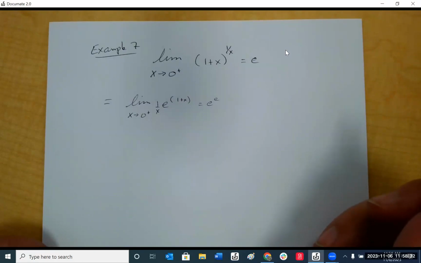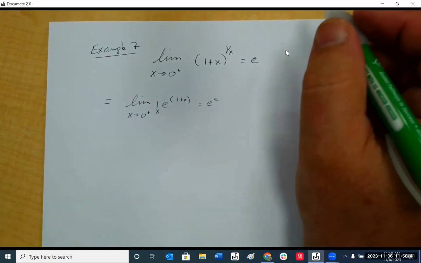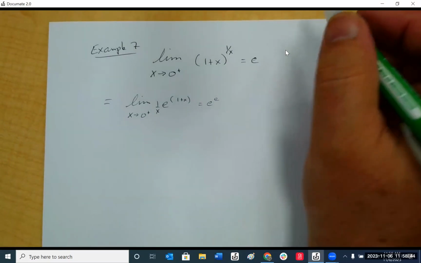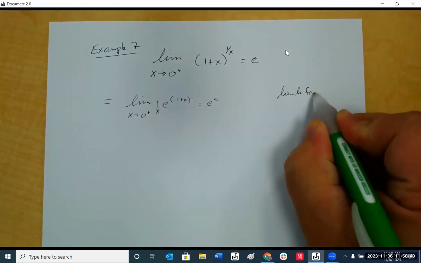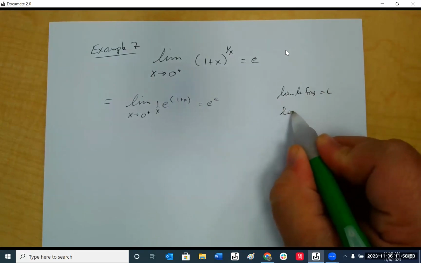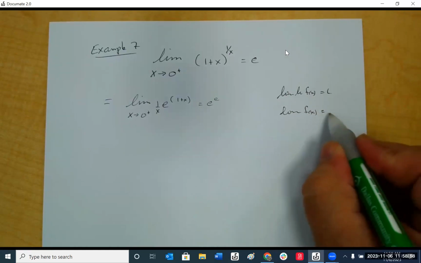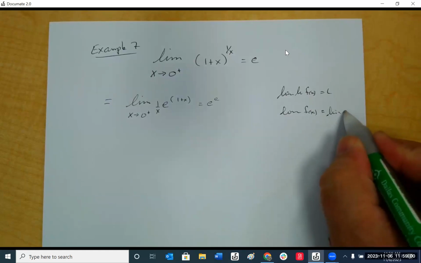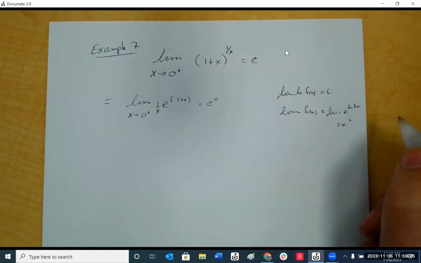What does that rule tell us? So it tells us if the limit of ln f of x is equal to L, then the limit of f of x is equal to the limit of e to the ln f of x, which is equal to e to the L.